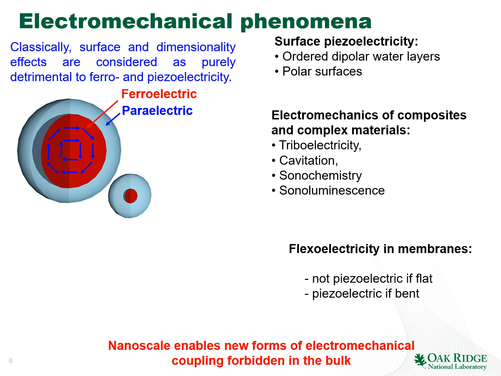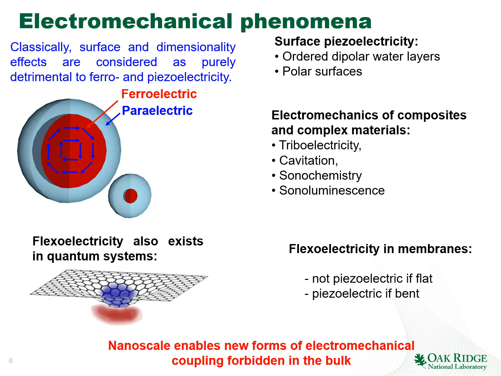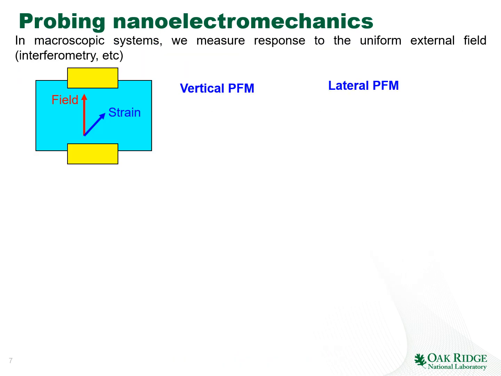So this conversion mechanism is flexoelectricity in membranes, which are essentially not piezoelectric if they're flat and piezoelectric if they're bent. And it turns out that this flexoelectricity also exists in quantum systems. For example, a graphene layer, if it is bent, it would be electromechanically active, and if it is flat, it is not. Question is, how can we probe this electromechanical phenomena?